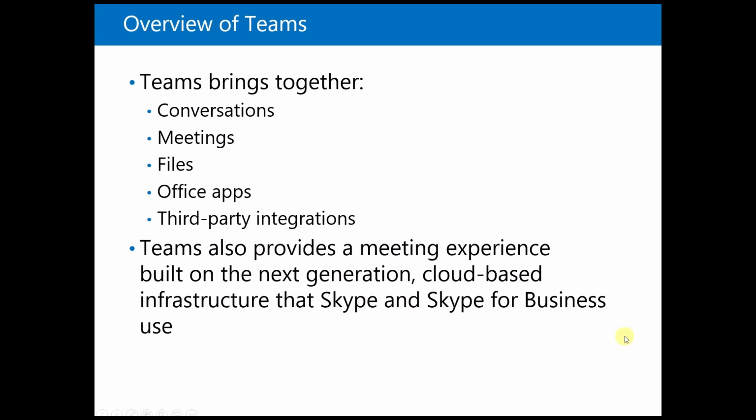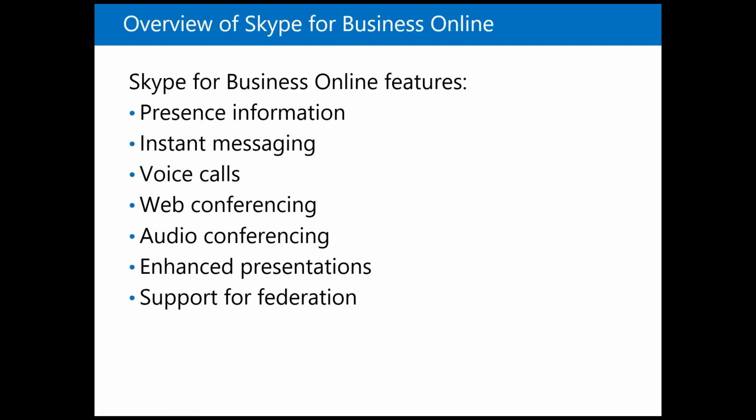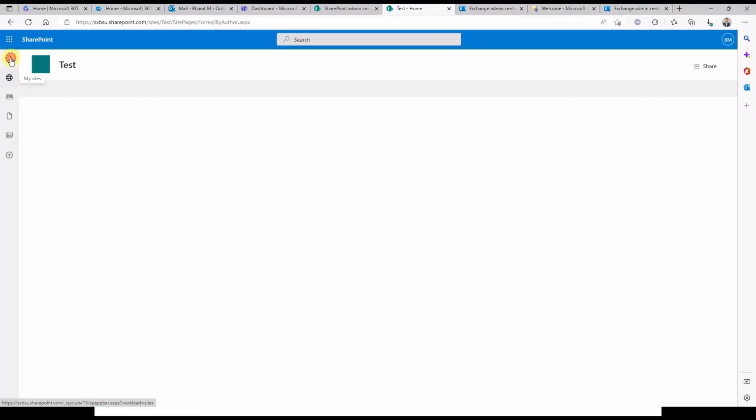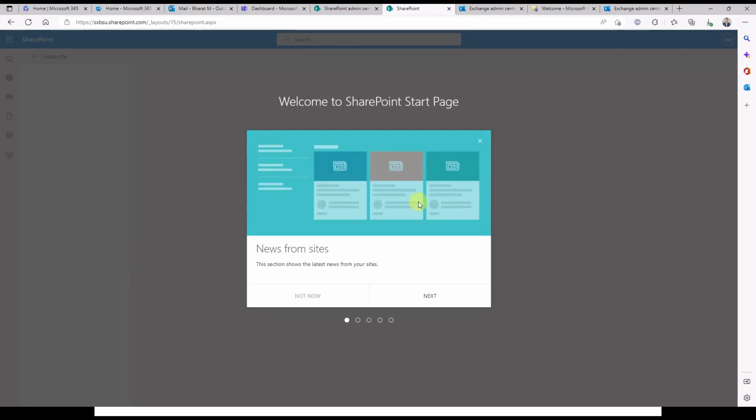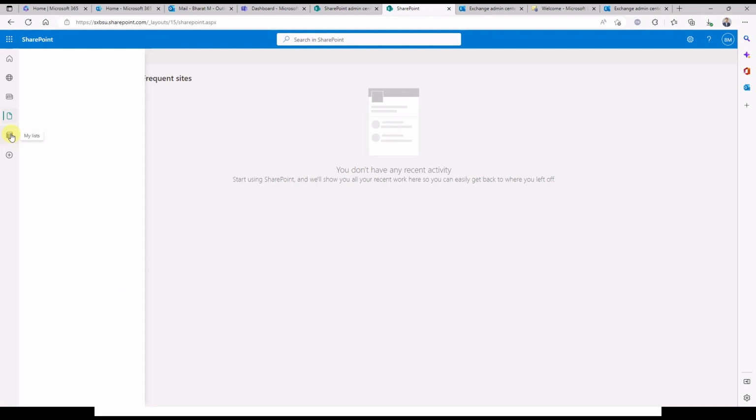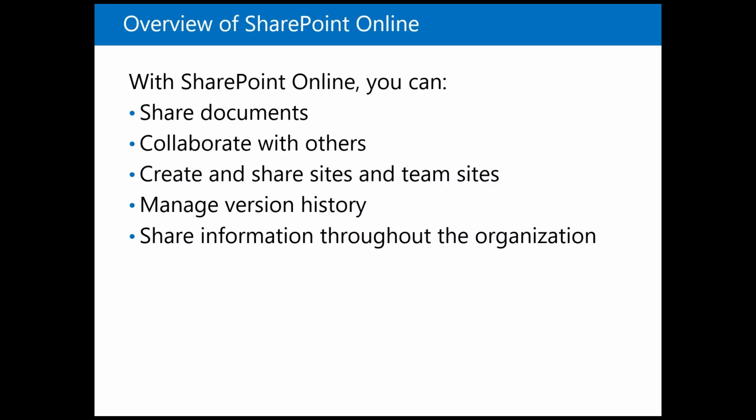Let me move a little further about SharePoint Online. SharePoint Online is the cloud version of Microsoft SharePoint Server. It enable organization to create and customize an intranet and team focused or task focused sites for efficient collaboration.